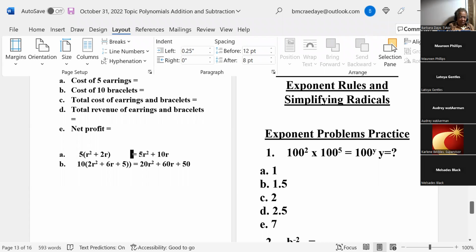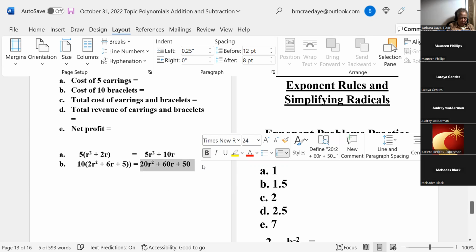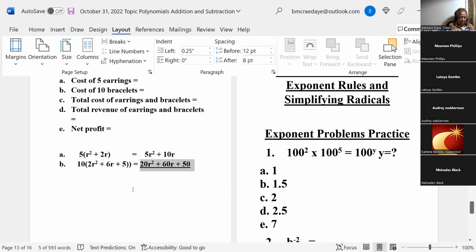Now add the 5r squared to the 20r squared. Add these together, Maureen. What do you get? 25. Okay, so 25r to the second, right?